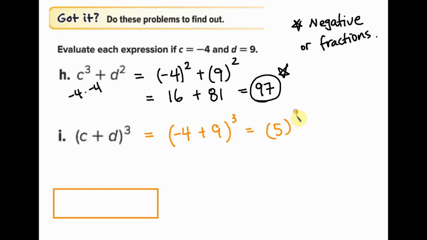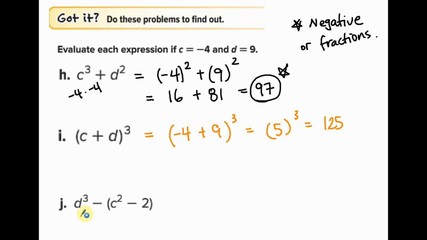So 5 cubed will be equal to 125. I hope that you're not doing 5 times 3 because that is totally different than when you have 5 cubed. 5 cubed would be written like this, where the 3 is the same size as your number in front, where in this case the 5 is your base, where 3 is your exponent.